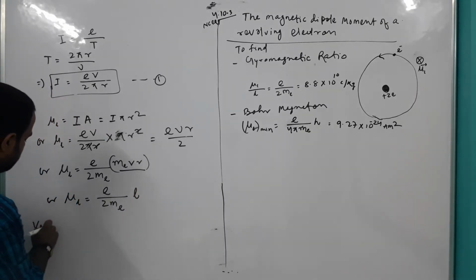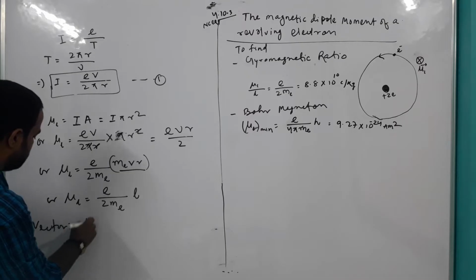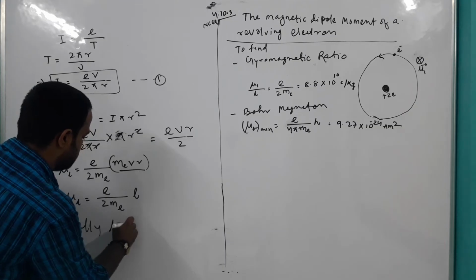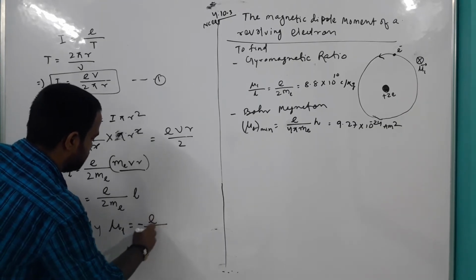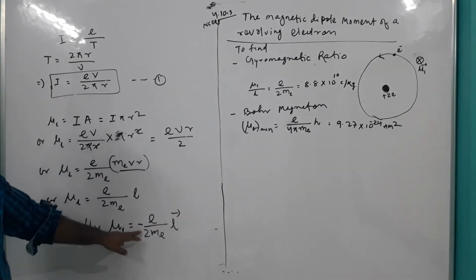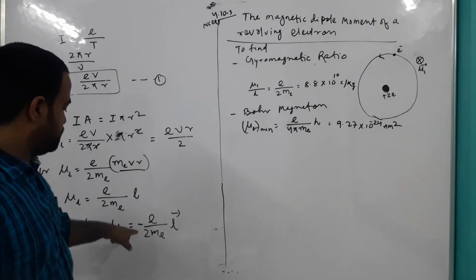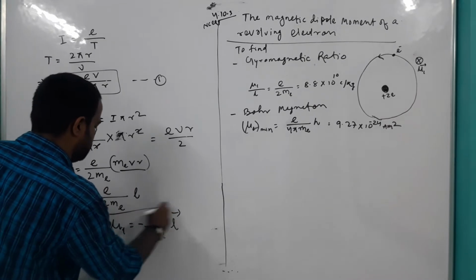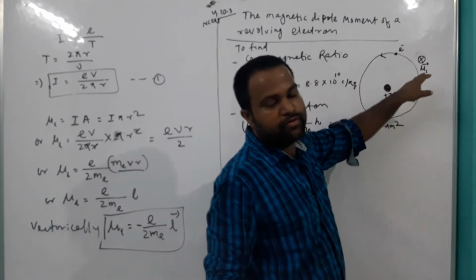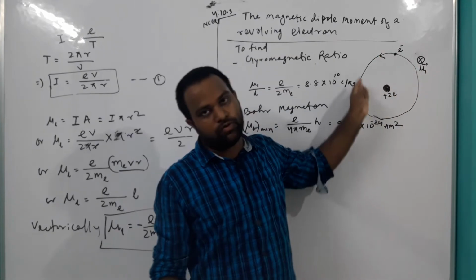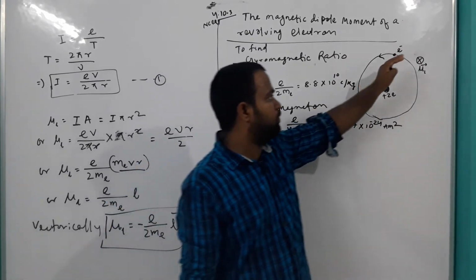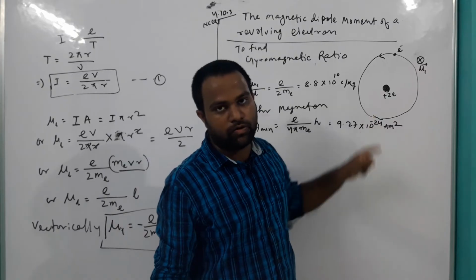If we write it vectorially, there is an important thing I will now describe. Mu L is equal to minus e upon 2 m e L vector. The negative sign is for the direction of the magnetic moment. If an electron is moving anti-clockwise, then according to the assumption, we treat the current as being in the clockwise direction.